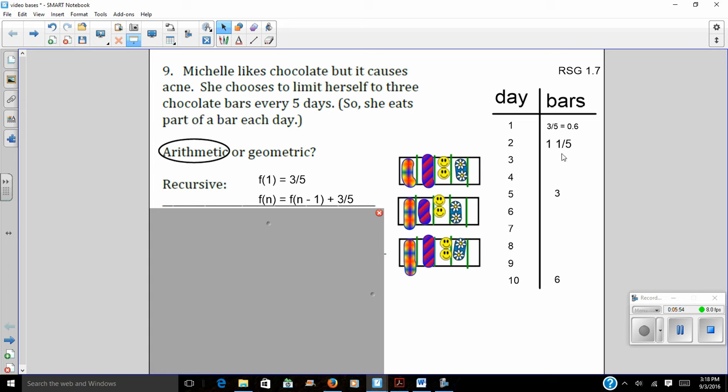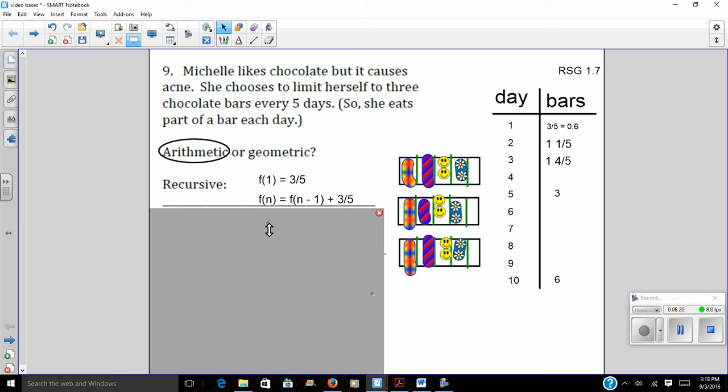If I was looking for the second term, I would go back to the first term, add 3/5, and that would give me the next term. Likewise, to 1 1/5, I can add 3/5 and figure out the third term. So let's plunk in the third term just for good measure, and it would be 1 4/5, because I'm adding 3/5 to each term in order to get the next term.